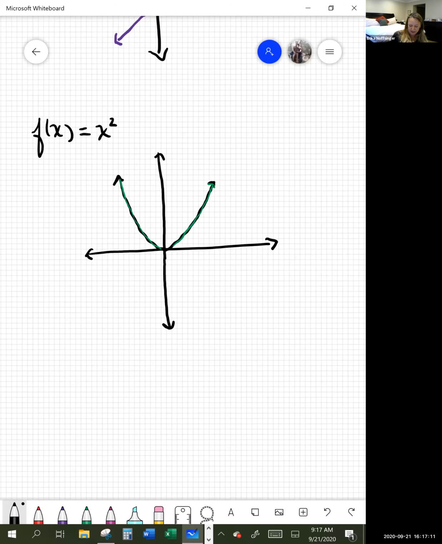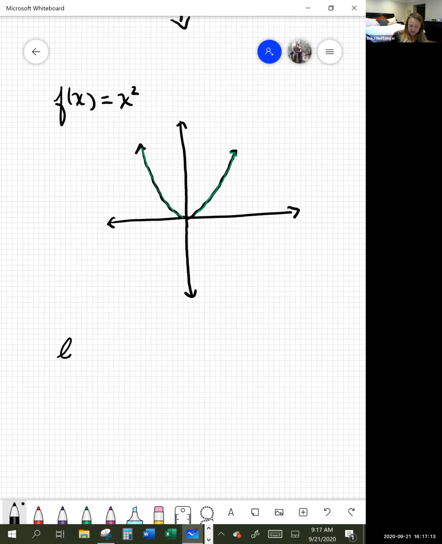We have the limit as h goes to 0 of f of x plus h. So plug in x plus h wherever you saw an x, and that quantity is squared, minus f of x, so that's minus x squared, all over h.